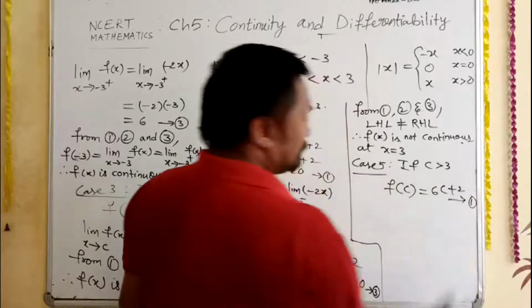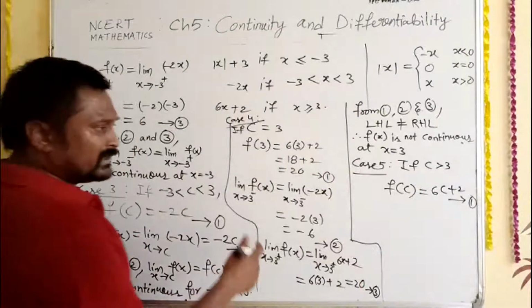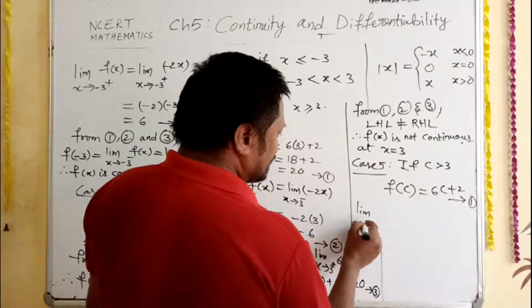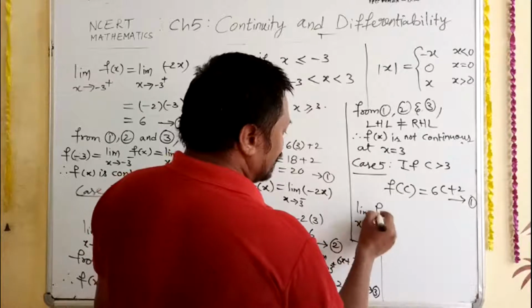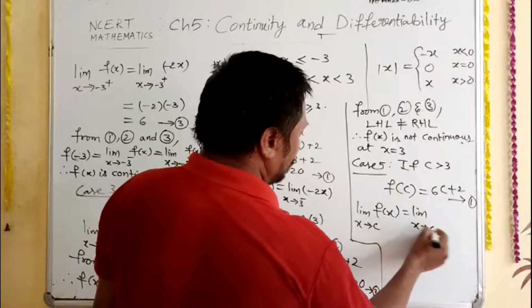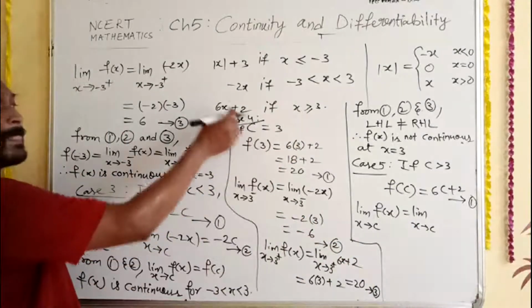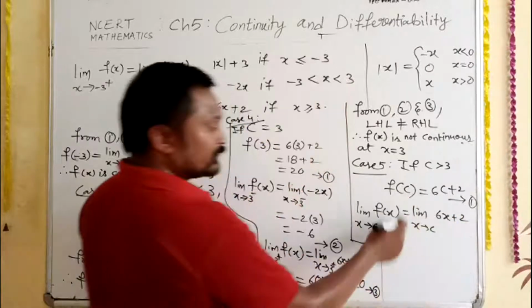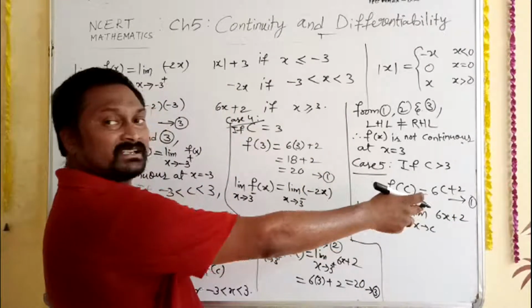This is equation number 1. For number 2, limit x tends to c f of x. f of x is 6x plus 2. Remove the limit and wherever x is there, substitute c.